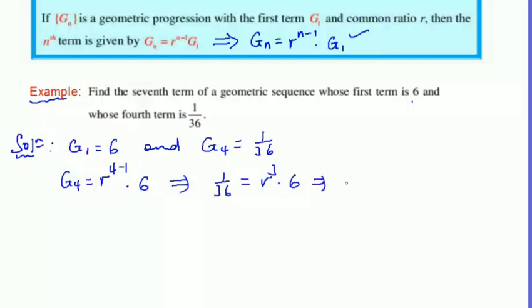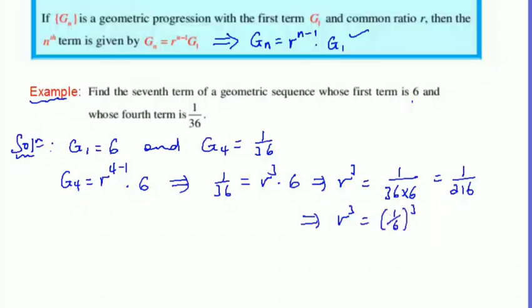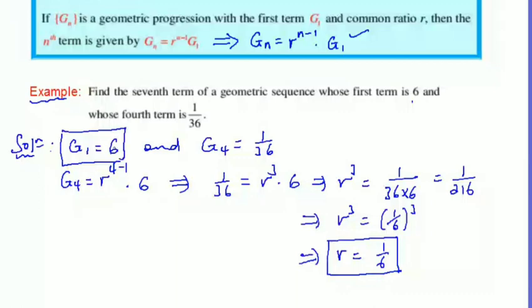So this implies r cubed becomes 1 over 36 times 6, which is 1 over 216. 1 over 216 means r cubed equals 1 over 6 cubed, because 1 over 216 is 1 over 6 the whole cube. So the common ratio for this geometric sequence is 1 over 6. We have the common ratio, we have the first term G1.